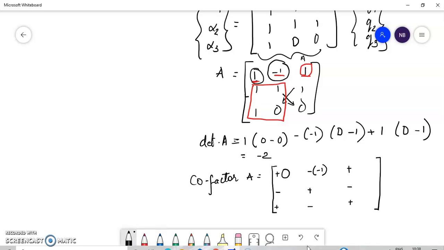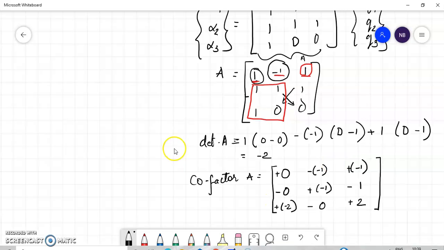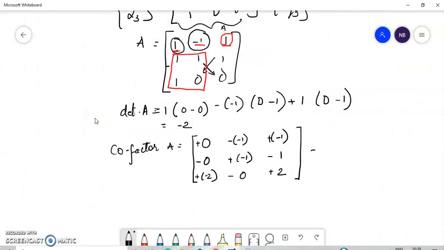So 1 into 0 minus 1 into 1, so -1. This procedure continues and this is the answer. If I rewrite this, I get 0 0 -2, 1 -1 0, -1 -1 2.